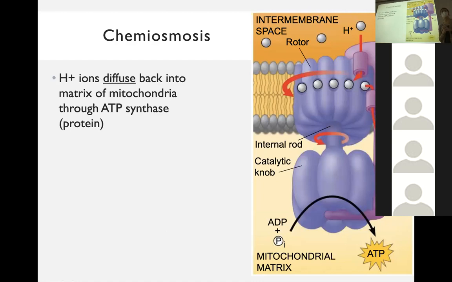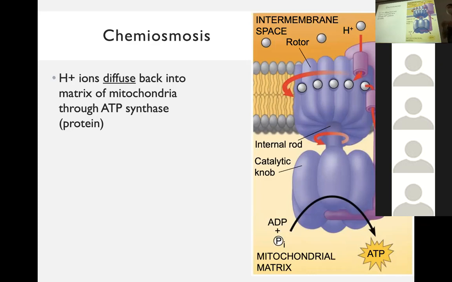There's a really specialized protein that will be used to allow those hydrogen ions to come back in across the membrane. And it's called ATP synthase. It's this crazy looking rotating protein. It's really complicated, but you just need to know the name of it.